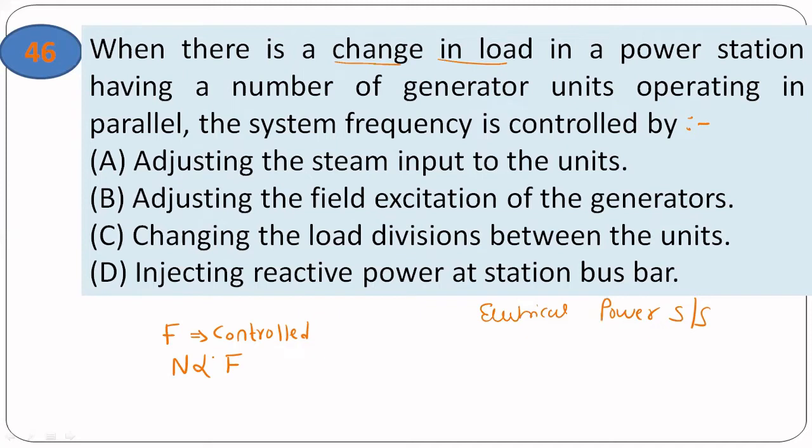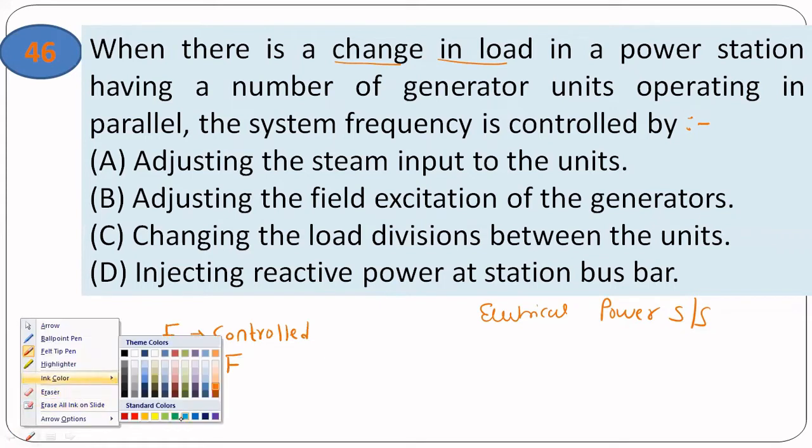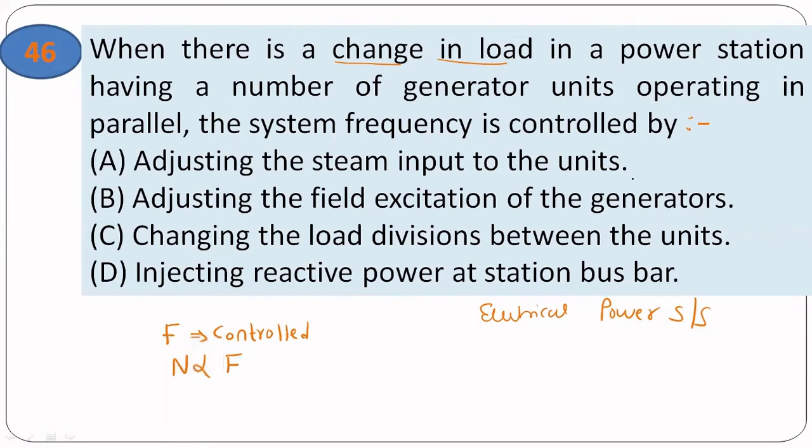Now, looking at the options available here, option B says that the frequency can be controlled by adjusting the field excitation. By adjusting the field excitation, we can control the generated voltage, but we don't have any control over the frequency.